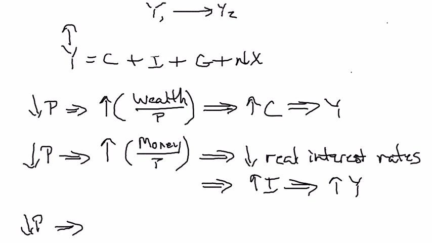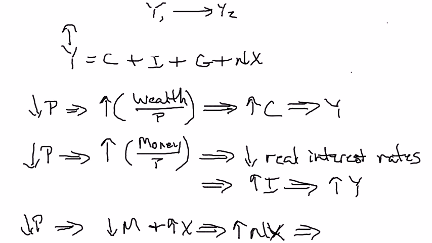Well, if that's the case, then U.S. goods are going to be cheaper, so that's going to decrease imports. So U.S. households will have more of an incentive to buy U.S.-made cars rather than imported Japanese or German cars. Also, since U.S. goods became less expensive, that'll increase exports, which increases net exports, which leads to an increase in real GDP.